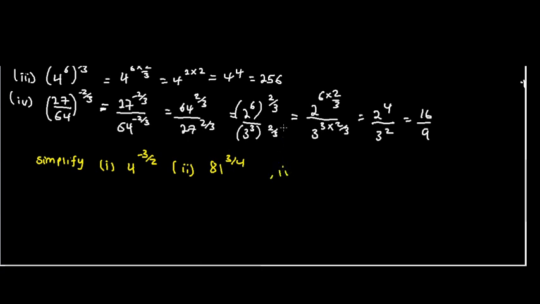Then we have our third expression, 27 over 64 to the power of negative 2, now let's make it positive, to the power of 2 over 3.